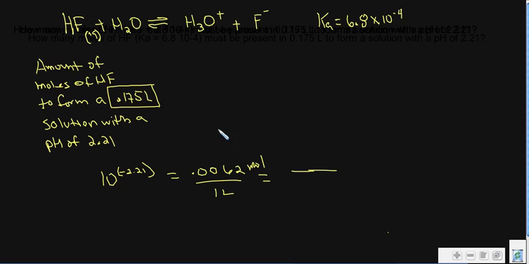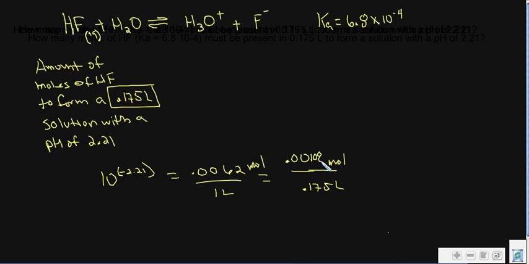To figure out this answer, I'm going to cross multiply and divide. So I'm multiplying 0.0062 by 0.175, and I get 0.00108 moles of the hydrogen ion in 0.175 liters at that pH.